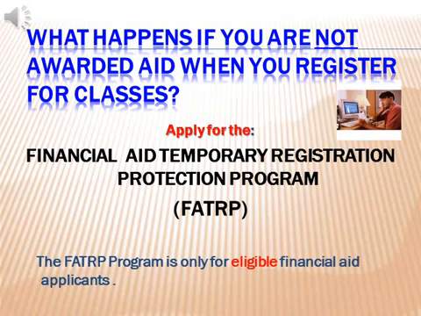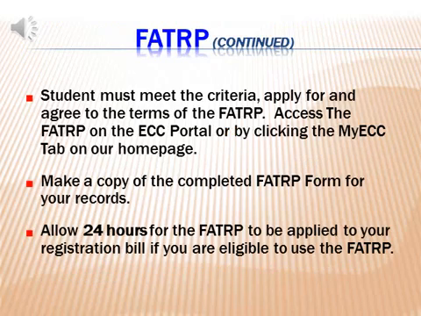What happens if you are not awarded aid when you register for classes? Apply for the Financial Aid Temporary Registration Protection Program, called the FAT-RP. The FAT-RP program is only for eligible financial aid applicants. Student must meet the criteria, apply for, and agree to the terms of the FAT-RP.